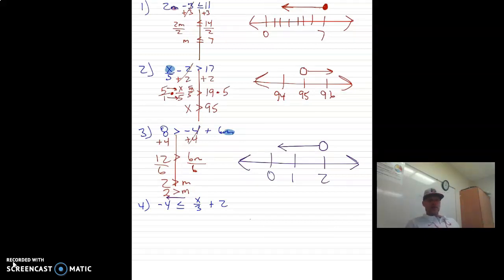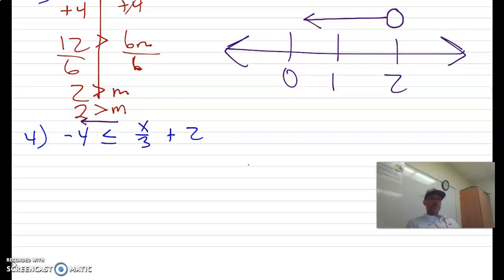All right, then the last one. There's a rule in this next one that's a little strange. So it's dividing by a negative, okay? I think I missed a sign on that one.